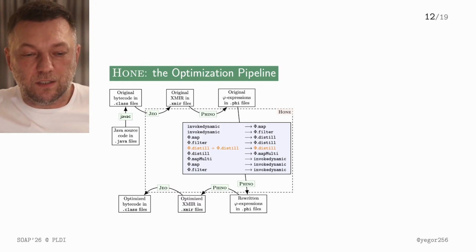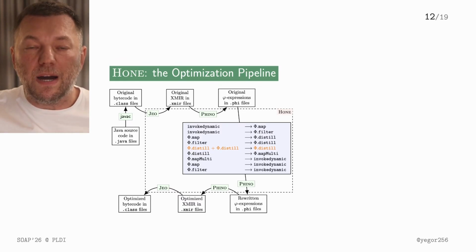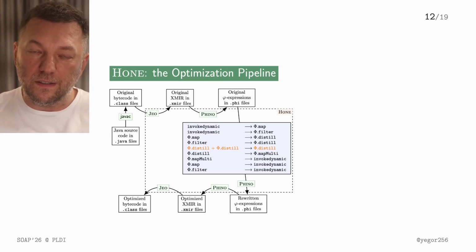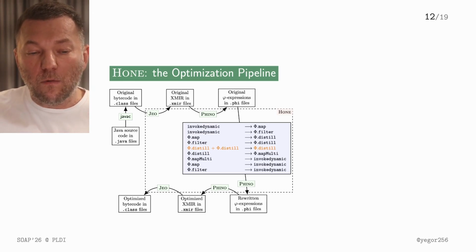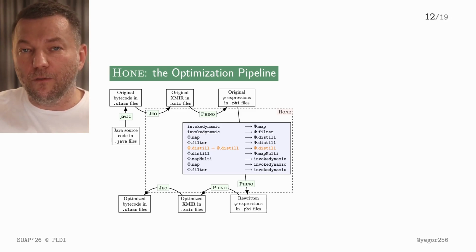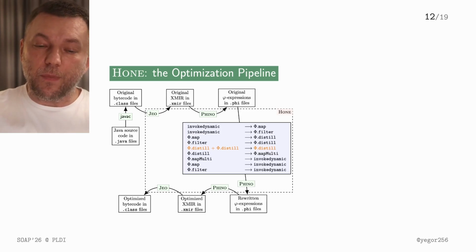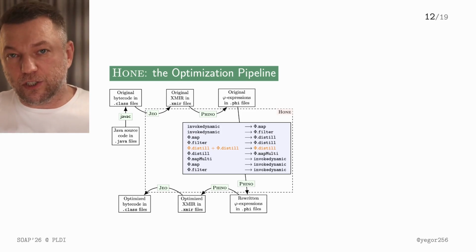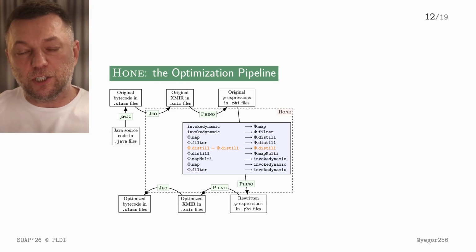It works like this. We take binary bytecode files, .class files. Then we transform them to XML format, which is necessary for our optimization. From this XML format, we go to phi expressions, which are phi calculus expressions. I will demonstrate in a few minutes.